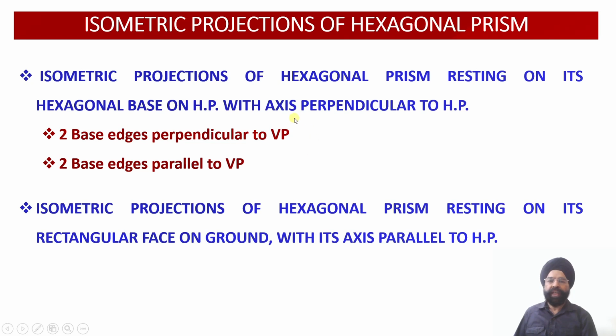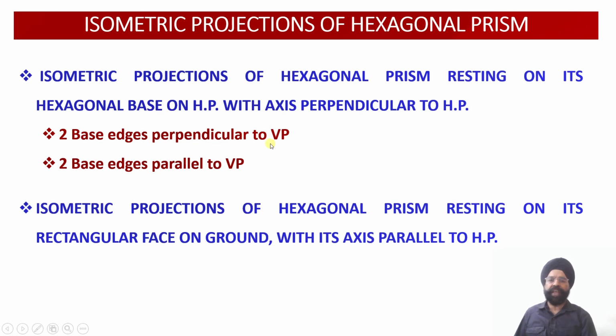So this way, two different orientations of the hexagonal prism standing upright on its base on the horizontal plane will be discussed. Then the second one is that we will be drawing the isometric projection of a hexagonal prism which is resting on its rectangular face on the ground and its axis is parallel to the horizontal plane.